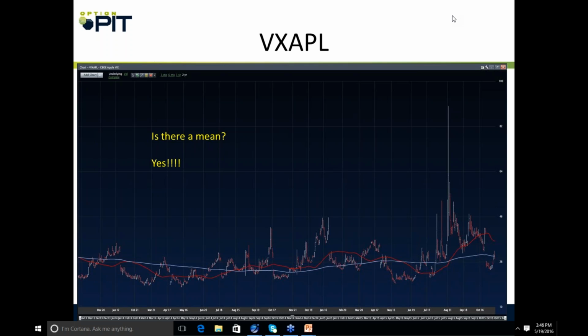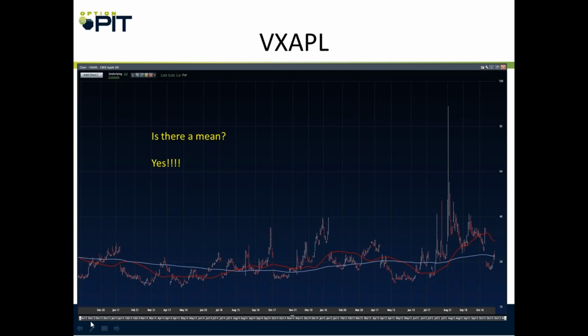The red line is the 50-day moving average. Does that volatility look like it has some mean reversion to it? Yeah, if I drew a straight line from about 28, something like that, there's your mean right there.